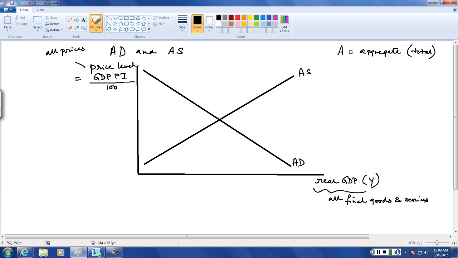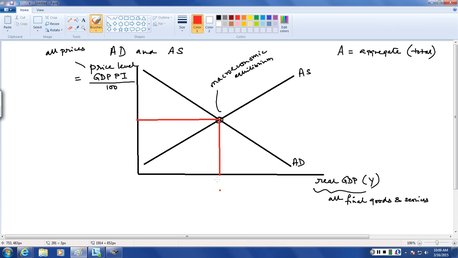So this is where the two curves intersect. And so this is where we have macroeconomic equilibrium, right? And that equilibrium gives rise to a certain equilibrium level of real GDP and a certain equilibrium price level.